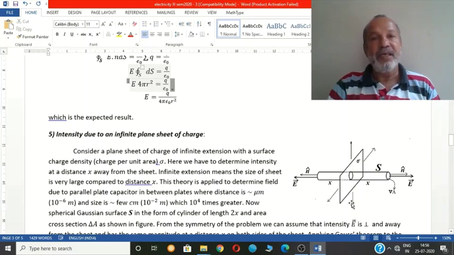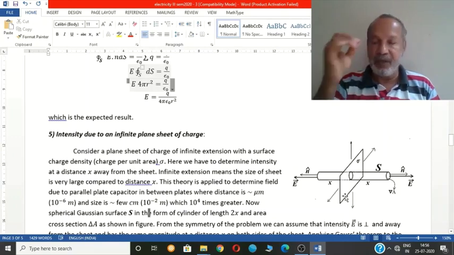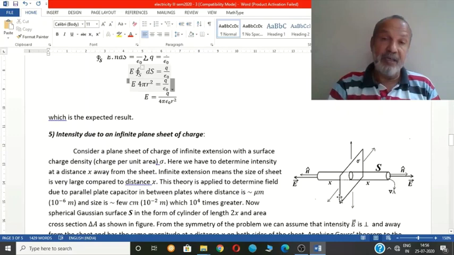Whenever charge is distributed over an area, we specify that charge distribution by surface charge density, which is usually denoted by the symbol sigma. So this is the surface charge density sigma, which is the charge per unit area of the surface.